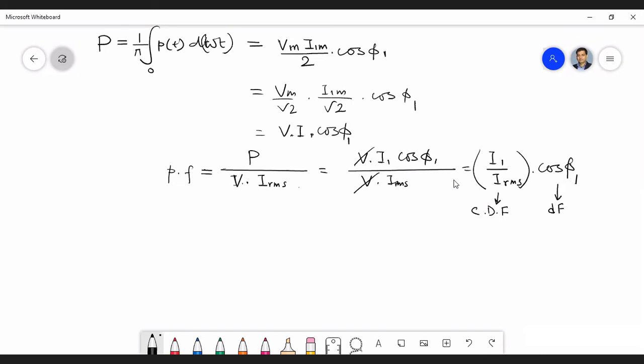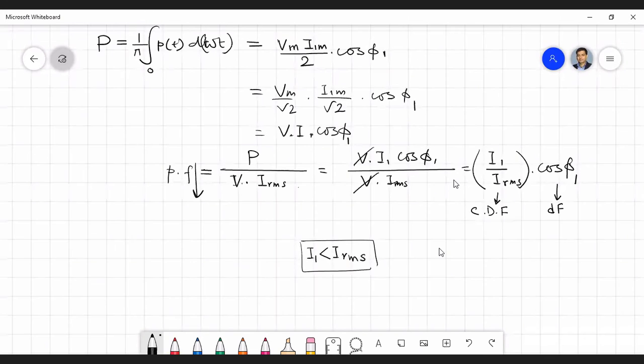Okay, why? Sir, I1 is always less than I RMS unless I1 is equal to I RMS. So both these factors, CDF and DF, are less than 1. I RMS is the RMS value of the total current and I1 is the RMS value of the fundamental component of current only. So the power factor is reduced for this type of non-sinusoidal current.